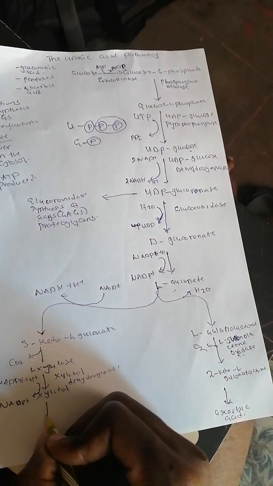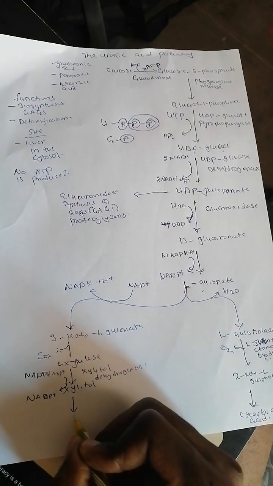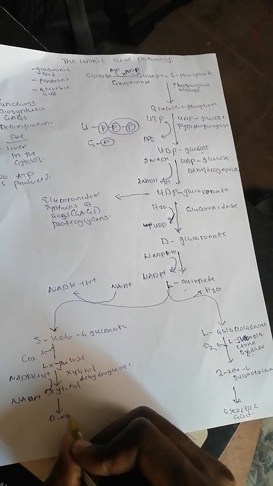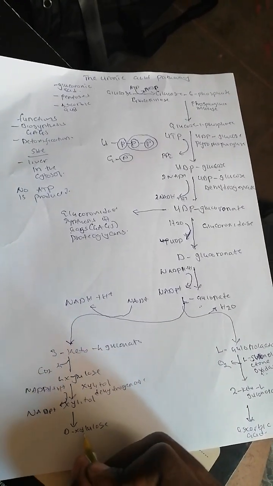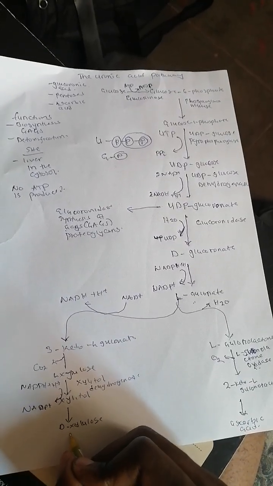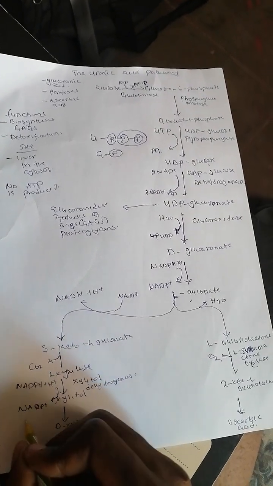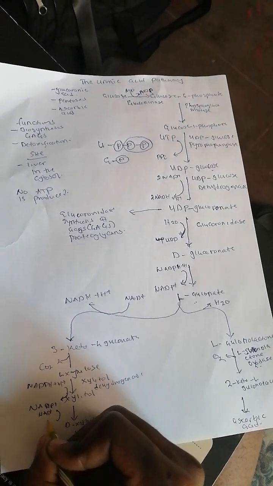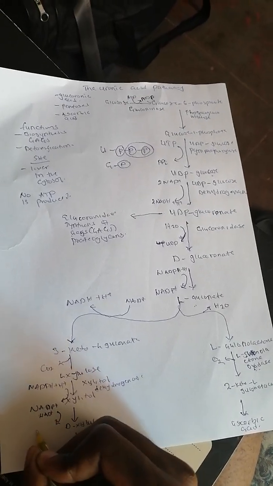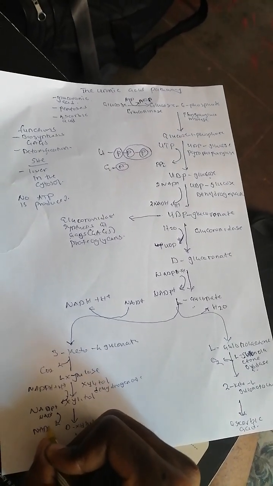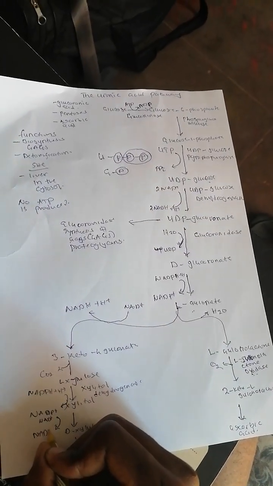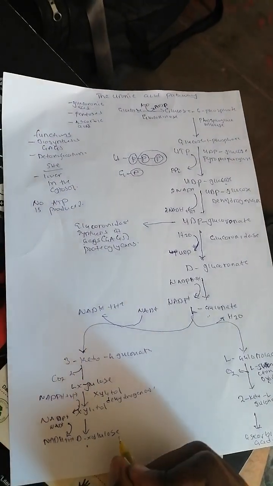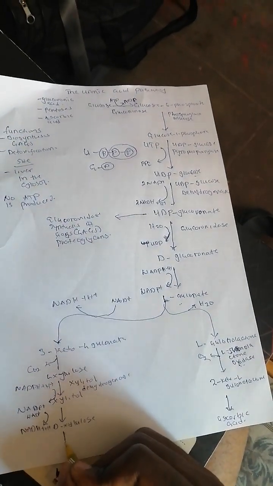So the xylitol will be converted to xylulose, which also has another oxidation reaction. So NAD plus is reacting to produce NADH plus another H ion.